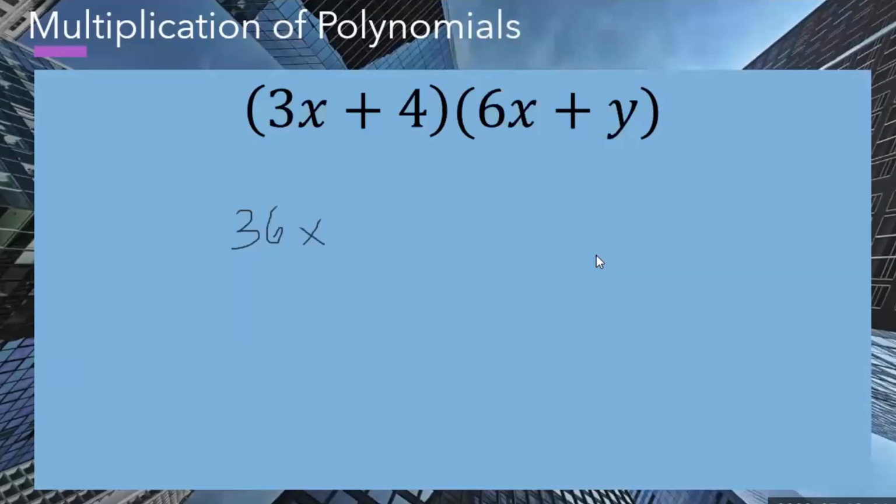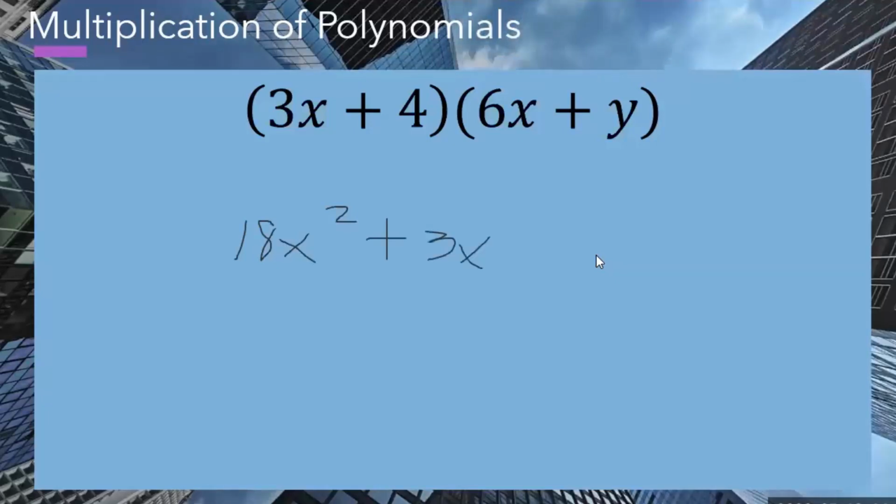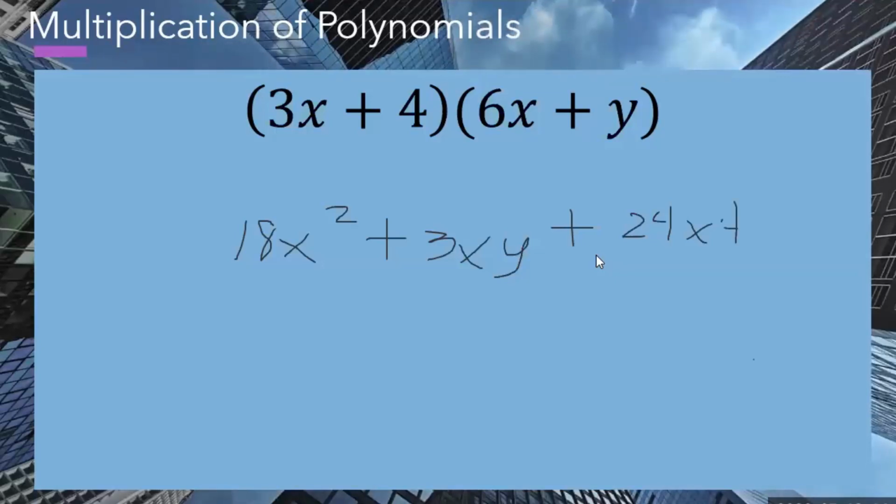Three x times 6x. Is it 36? It is what? Okay, 18x squared plus 3xy plus 24x plus 4y. Very good. Okay. Next.